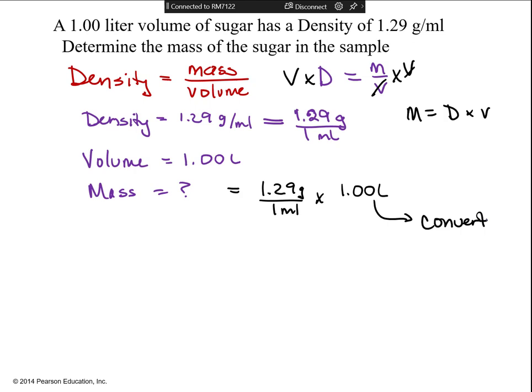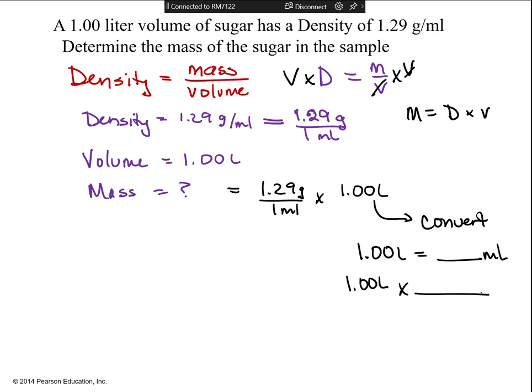And really, you can convert either unit. I like to convert the unit that's all by itself, that doesn't have any other units in it. Just find it a little bit easier. So I need to take 1.00 liters and convert it to what? Milliliters. Well, liters is a base unit, so I can do this in one step. 1.00 liters times in a line.